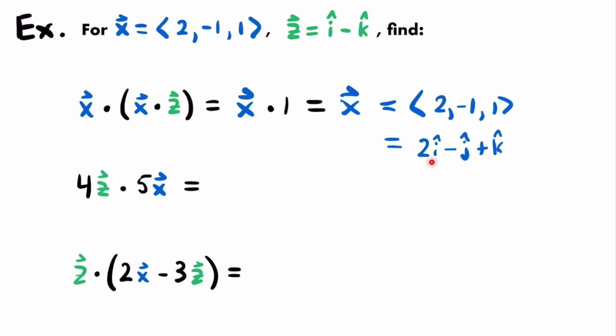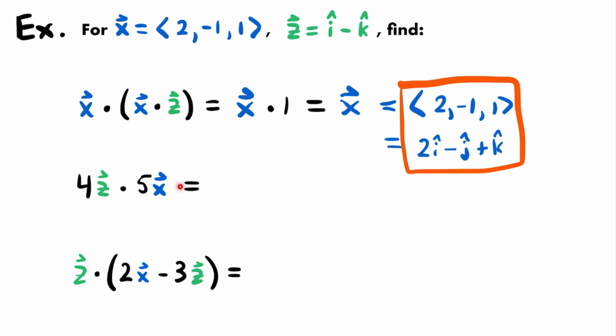Positive 2 will be the coefficient of i, negative 1 will be the coefficient of j, and positive 1 will be the coefficient for k. All right, so both of those answers are correct. They both represent the same vector, which is vector x. That's the result of vector x multiplied by the dot product of vector x and vector z.